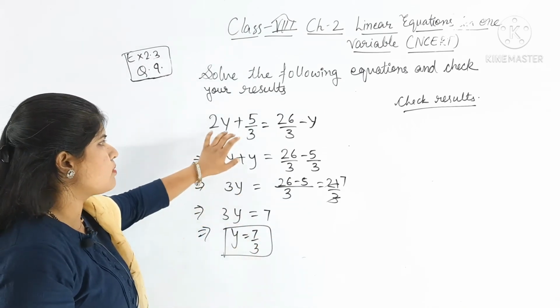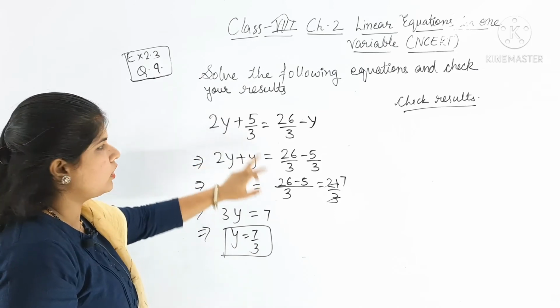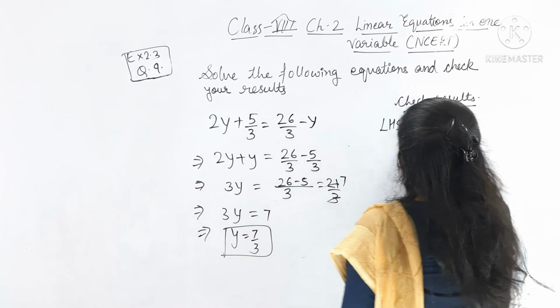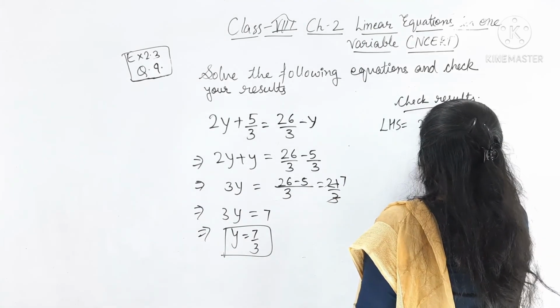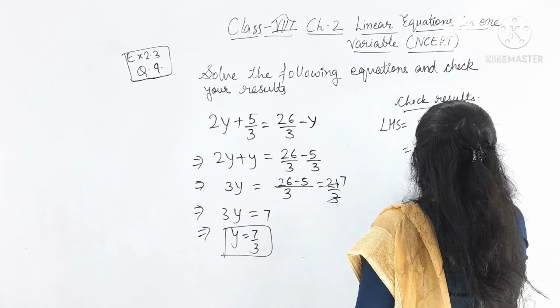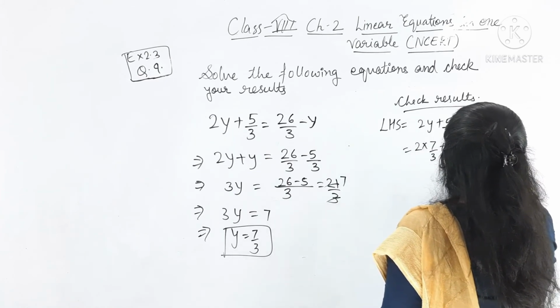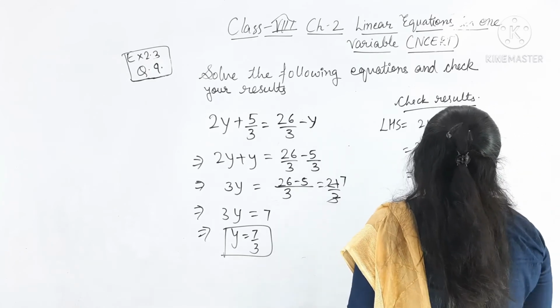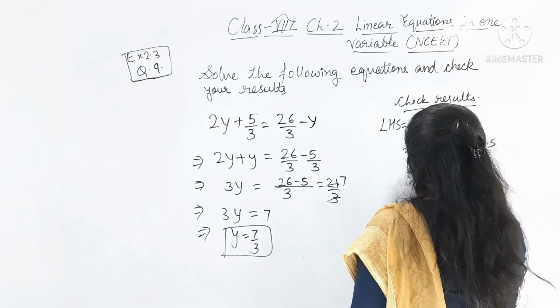So we have to substitute this y to here for checking the results. That is LHS equal to 2y plus 5 by 3, 2 into 7 by 3 plus 5 by 3. So 7 2s are 14 plus 5 upon 3. That is 19 by 3 I am getting for LHS.